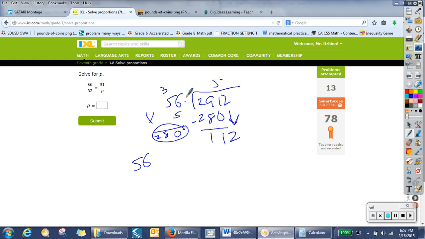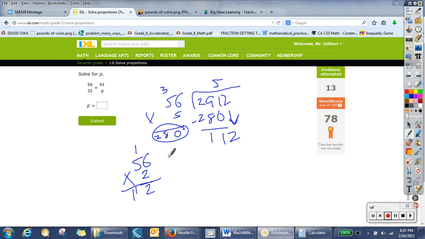56, so let's just say this is about 60, and then let's just round this up to, let's say, 120, so let's say about 2 times. So it is important to use estimation to solve these problems. Now, let's just multiply this out. 2 times 6 will give me 12, carry the 1, 2 times 5 will give me 10, plus 1 will give me 11.